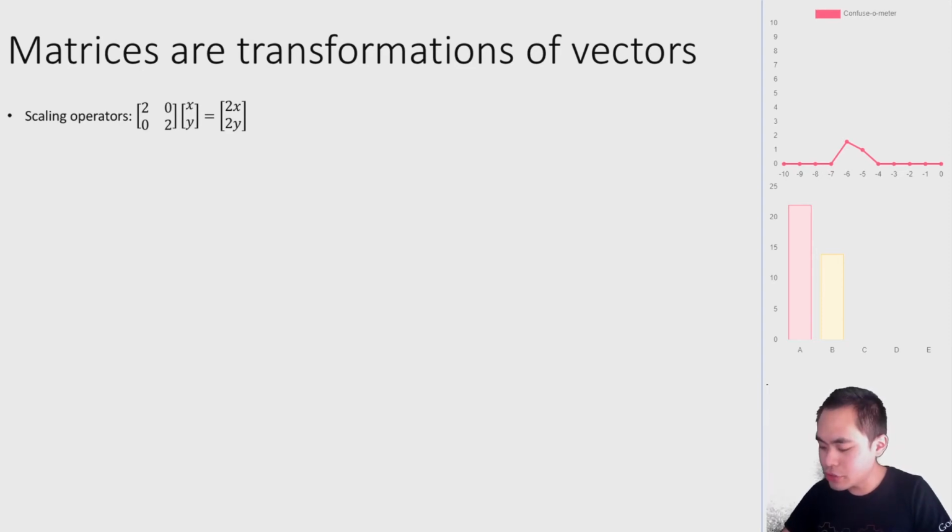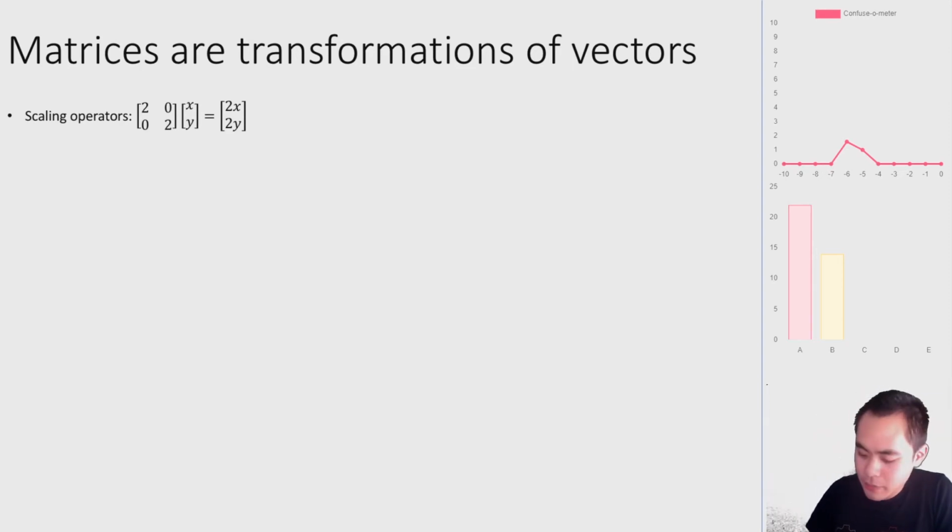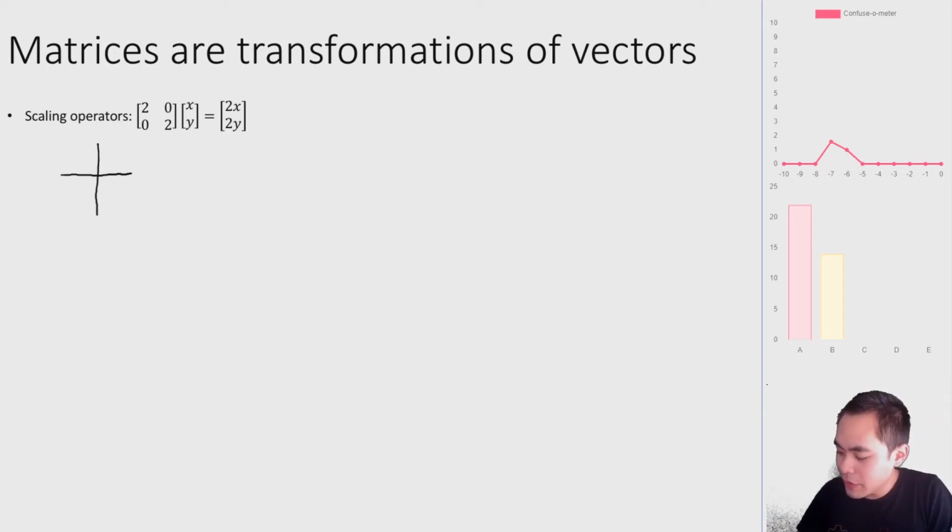If you started out with a vector, let's say here, then this transformation would scale it out past it, so it'd double it. You start with a vector here, then the transformation would double it.